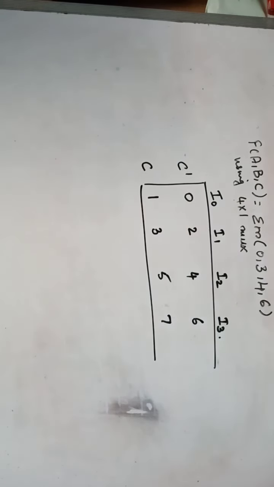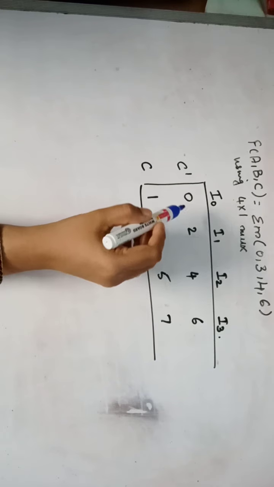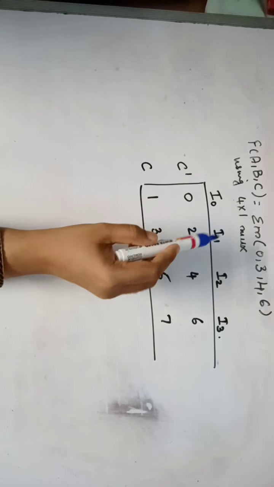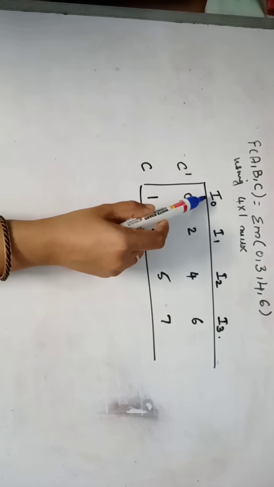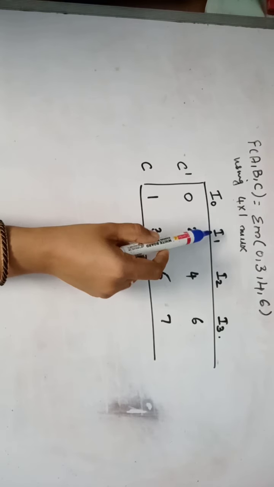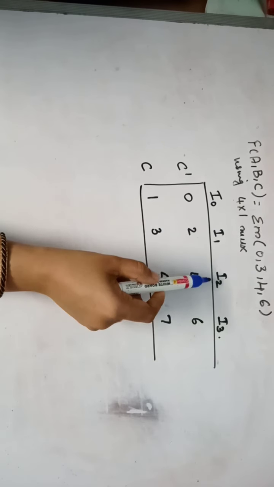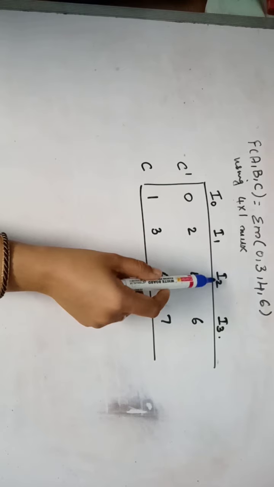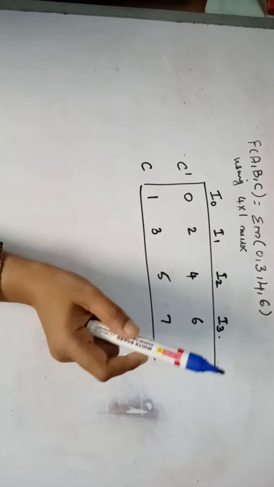The numbers which you grouped, you will be writing in the vertical columns. That is A0, B0 means I0. A0, B1 means I1. A1, B0 means I2 is selected. A1, B1 means I3 is selected.